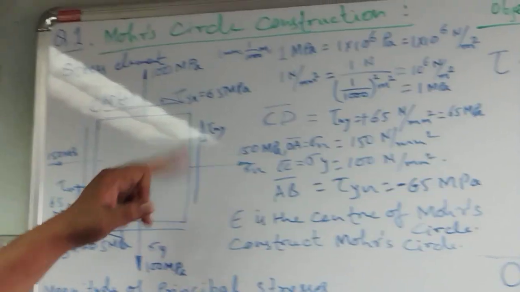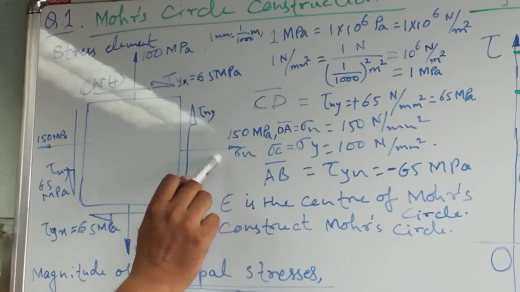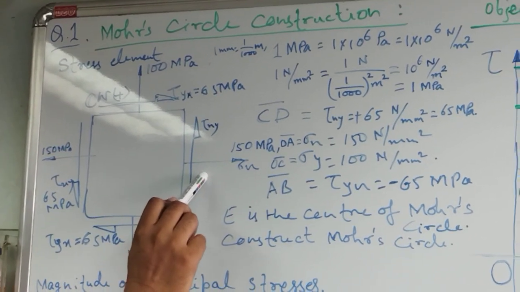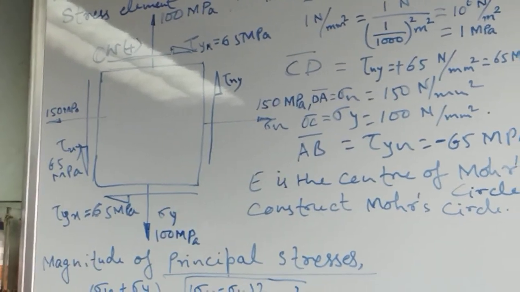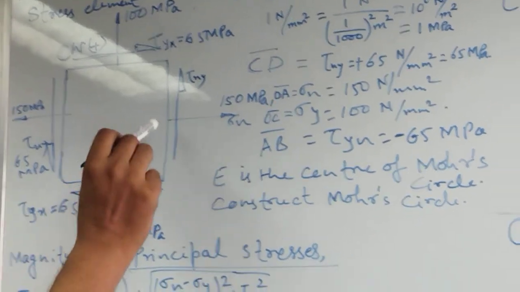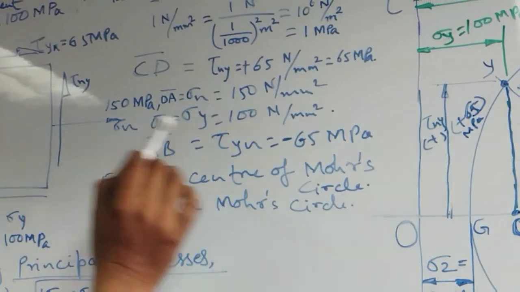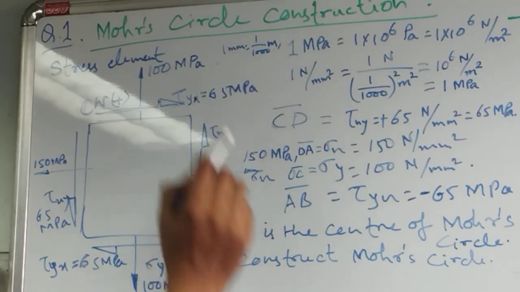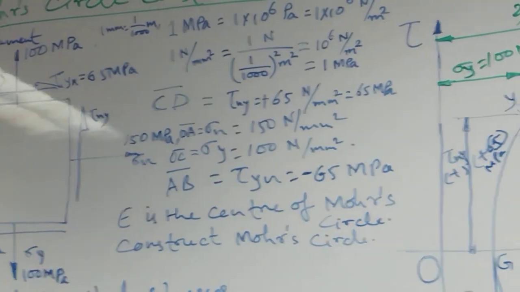Here, given are tensile stresses on the two-dimensional object, where sigma x is 150 megapascal. Sigma y is also tensile, 100 megapascal, 100 Newton per millimeter square.